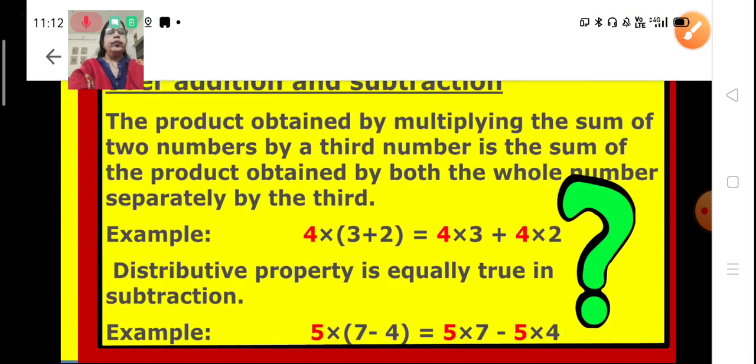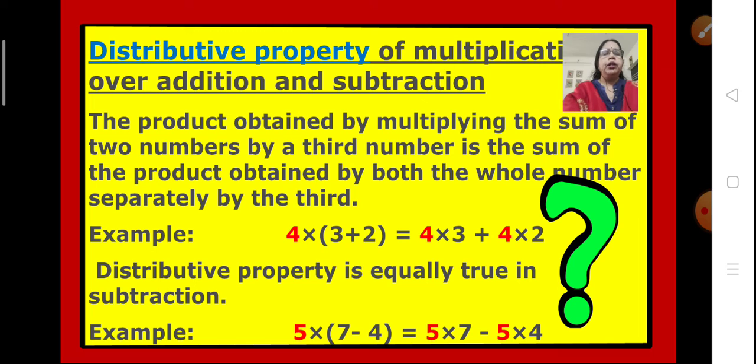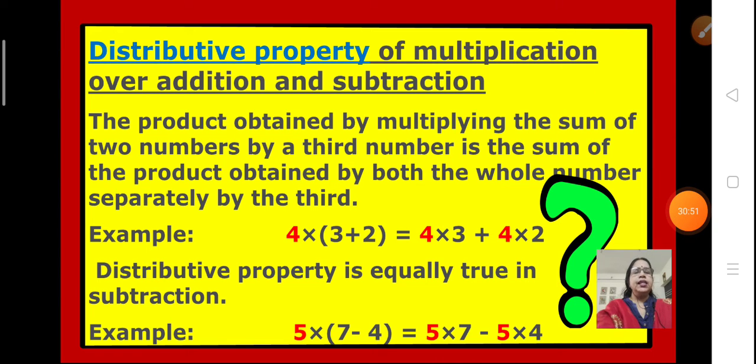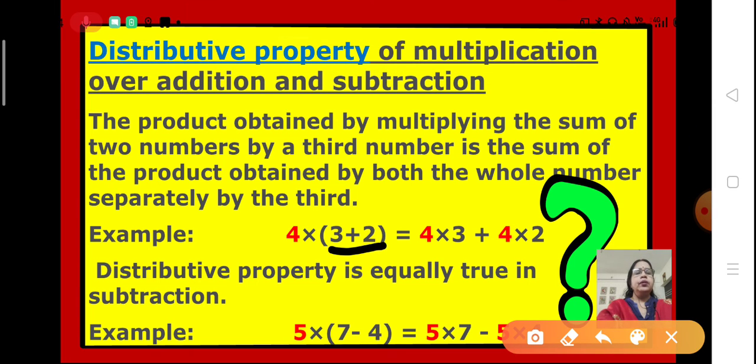Now, distributive property of multiplication over addition and subtraction. This also we have done in our previous class. So this says that the product obtained by multiplying the sum of two numbers by a third number is the sum of the products obtained by multiplying both the whole numbers separately.